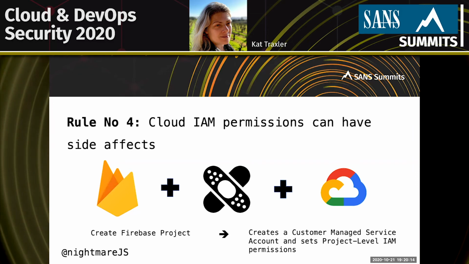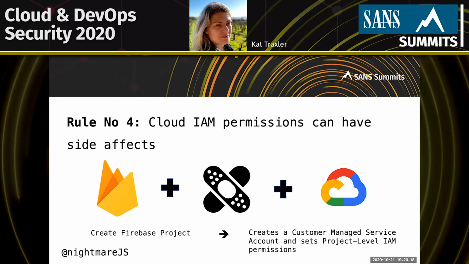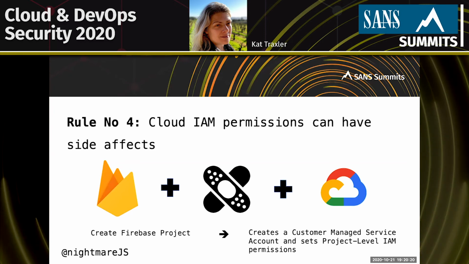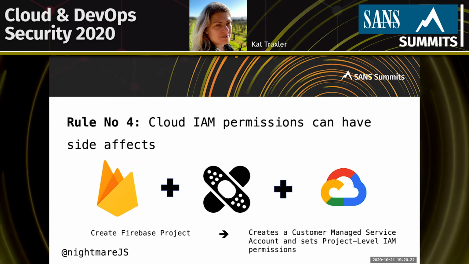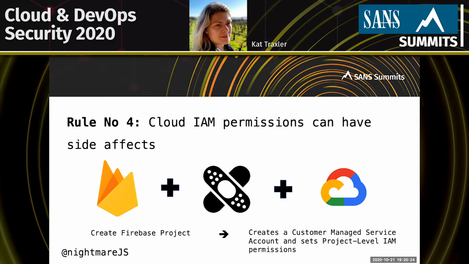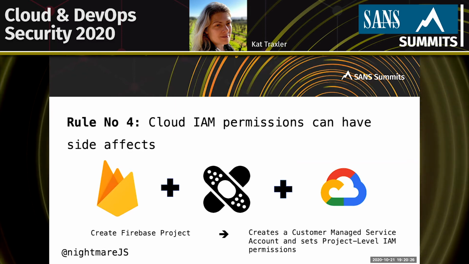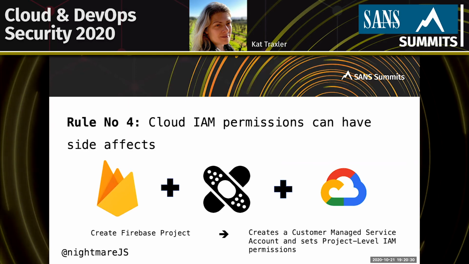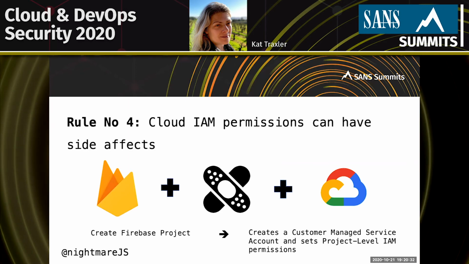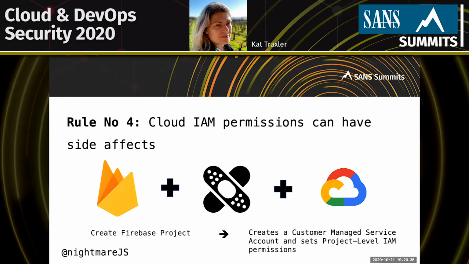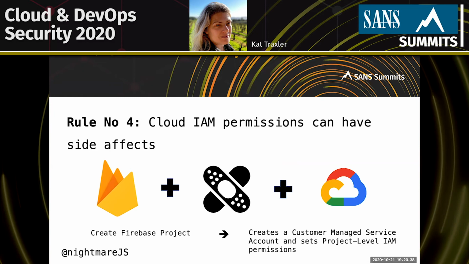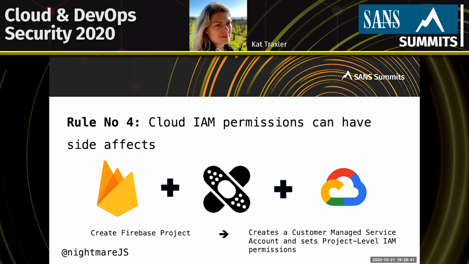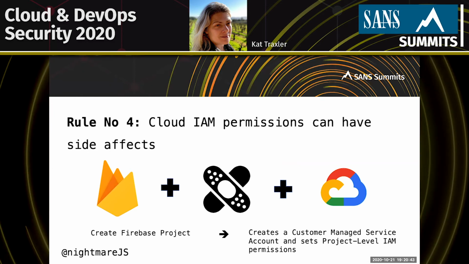How Google describes this relationship between Firebase and GCP is pretty straightforward. They say that a Firebase project is a GCP project that has additional Firebase-specific configurations and services. But exactly what those specific configurations are isn't explicit.